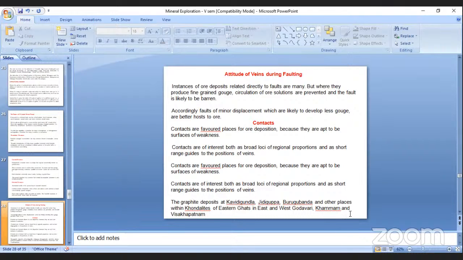And again, when you go to the east side of West Godavari, Khammam, and Visakhapatnam, these types of deposits are found.